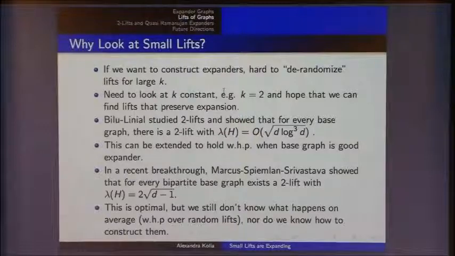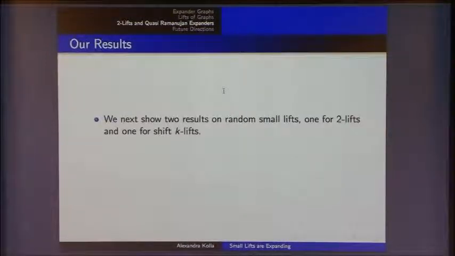None of this says what happens on average if you take 2-lifts, nor do we know how to actually find a good lift, with the exception, again, of Bilu and Linial, who extended this proof to a construction, which still gives the log^3 d factor, which is sort of unwanted if you want to construct Ramanujan expanders.